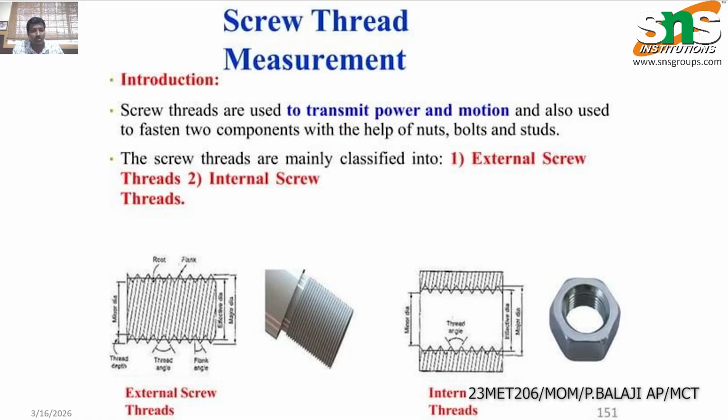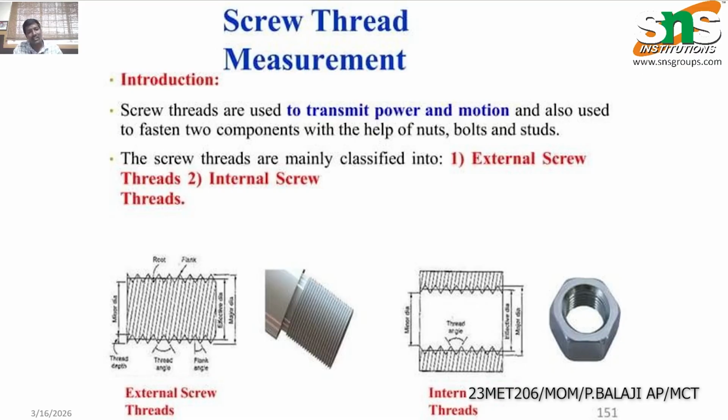One is the external screw thread and the other is the internal screw thread. In the external screw thread, the thread is available on the outer surface of the component, but in the internal screw thread, the thread is available on the internal surface of the component.